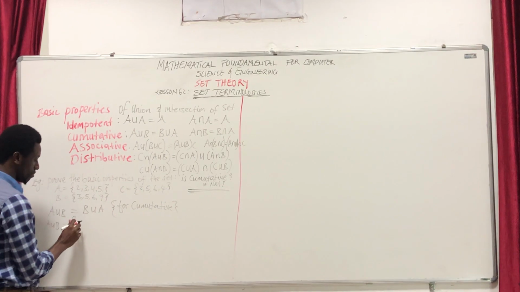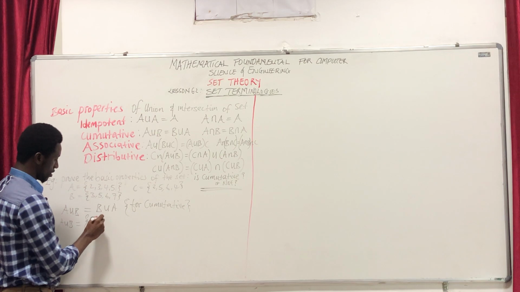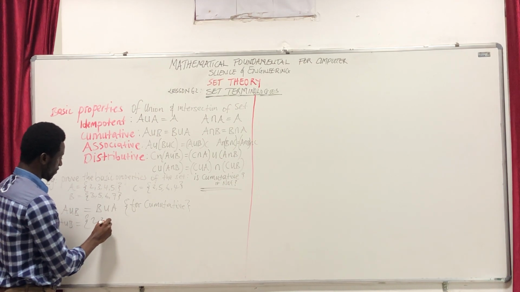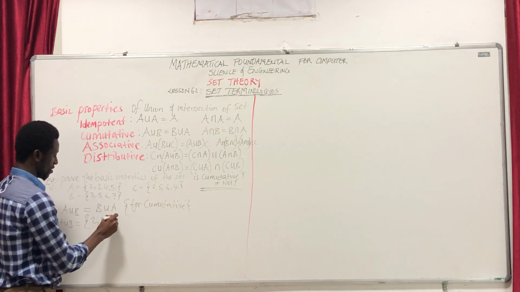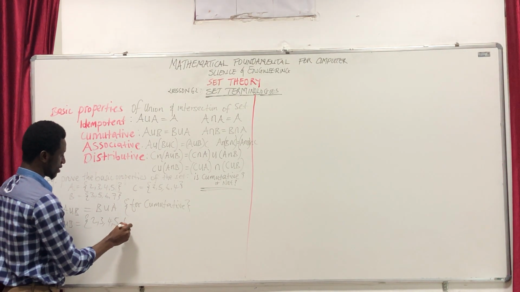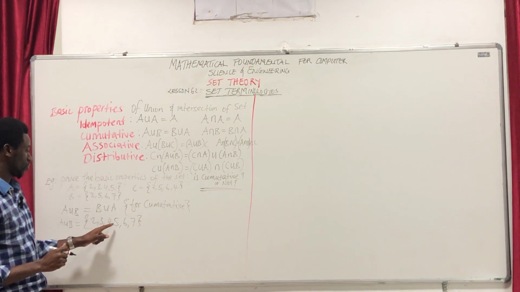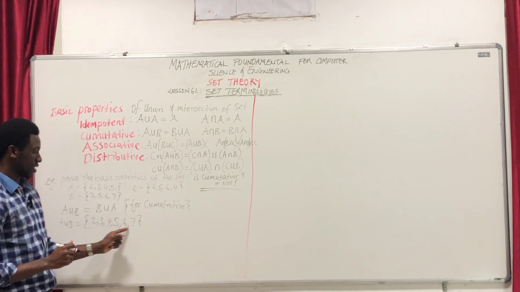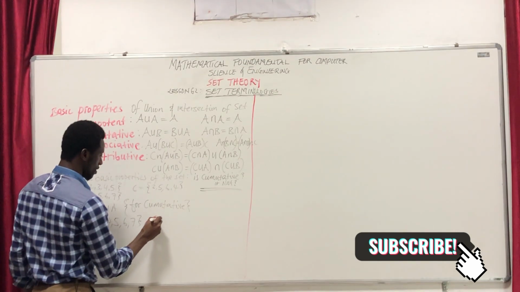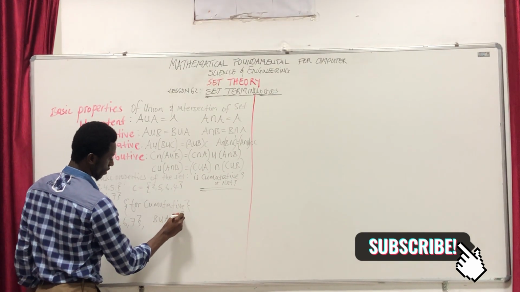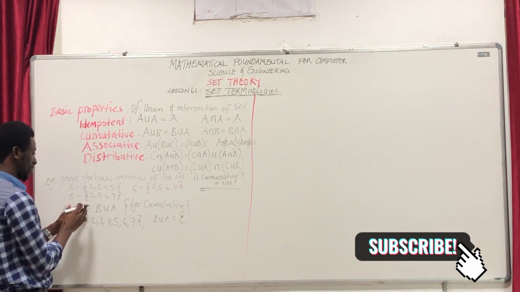So we start from 2, but mind you, repetition is not allowed. So we say 2, 3, 4, 5, 6, and 7. So now A union B is equal to these elements in the set. Now let's say B union A. For B union A, we check again.